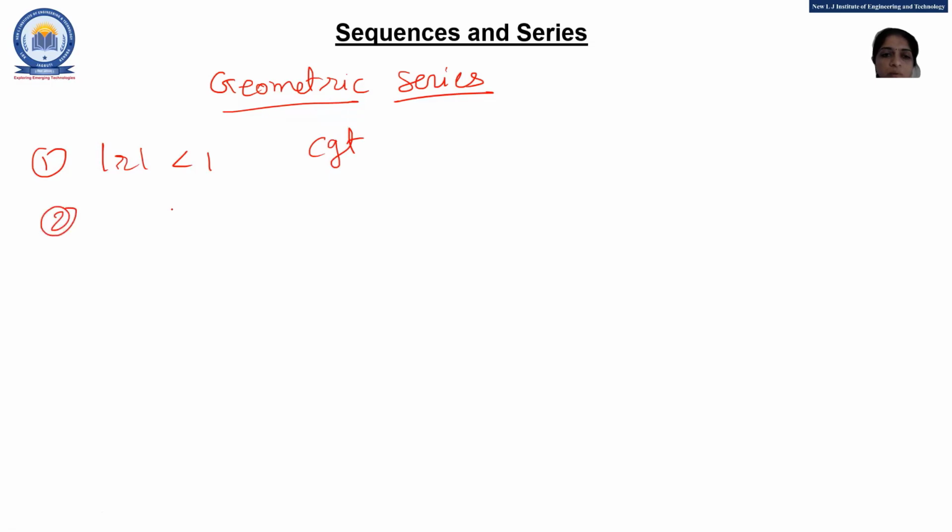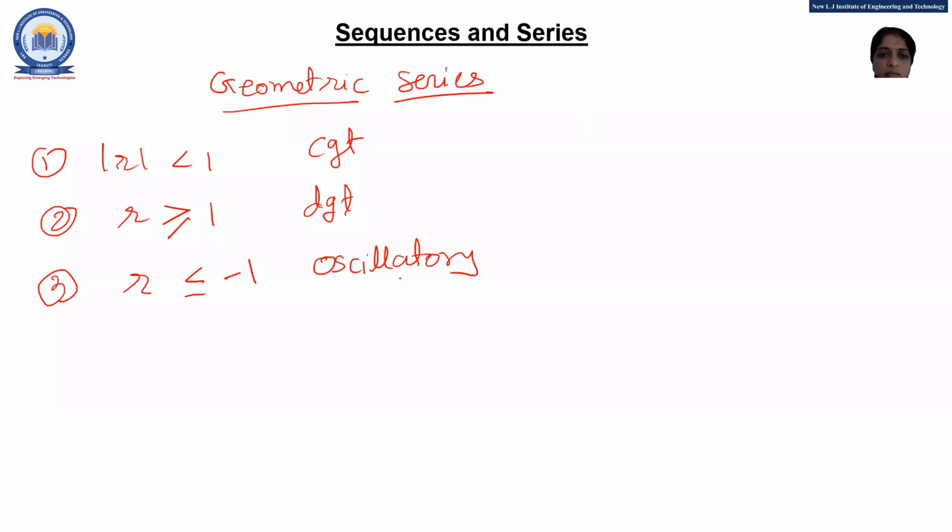Number two, if r is greater than or equal to 1, then the geometric series is divergent. And the third one, if r is less than or equal to -1, then the given geometric series is oscillatory, right? So please keep in mind, everyone, these are the rules for the geometric series only, right?